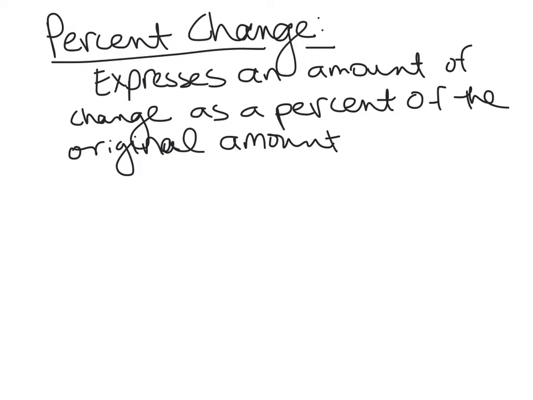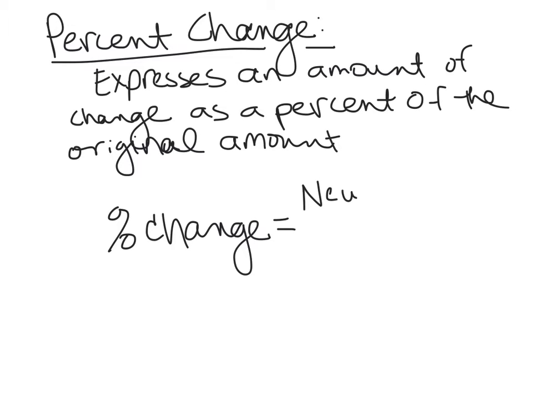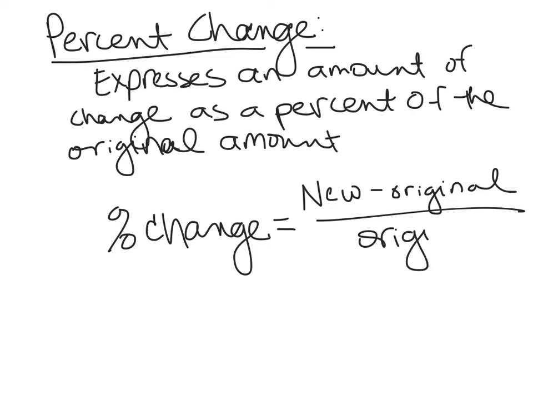So the percent change formula is the new amount minus the original amount, over the original amount. And then you would multiply that by 100 to change it into an actual percent.